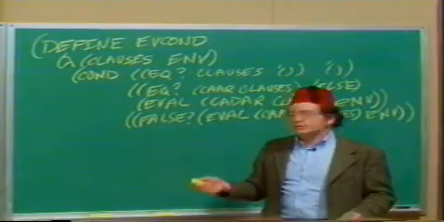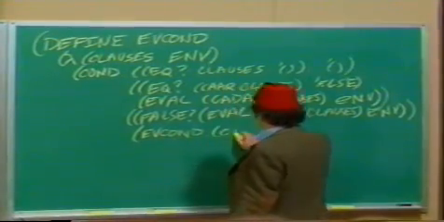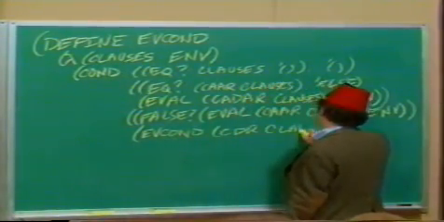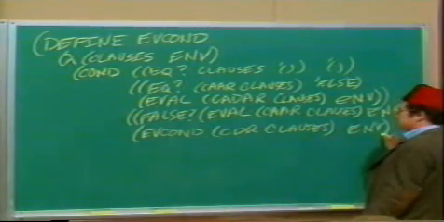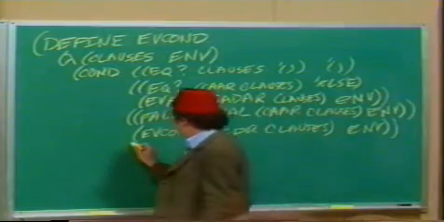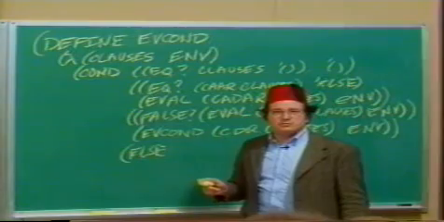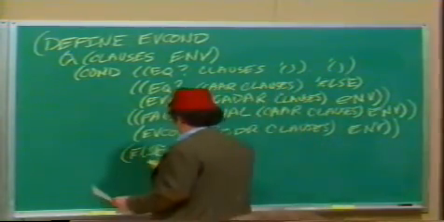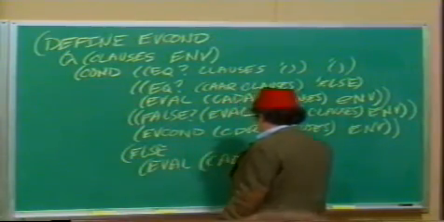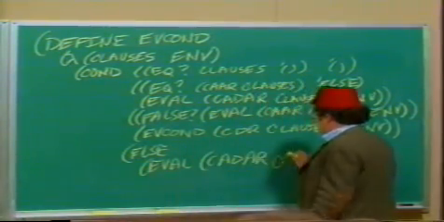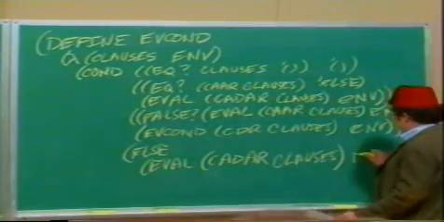So I want to discard the first one. So we just go around the loop, evcond, the cdr of the clauses, relative to that environment. And otherwise, I had a true clause, in which case what I want is to evaluate the cadr of the clauses relative to that environment.